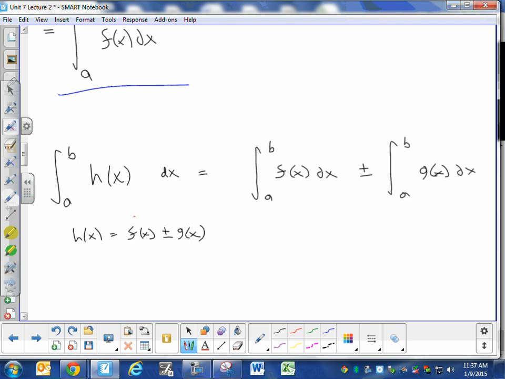And of course, you can just replace h with f of x plus or minus g of x. If I have sums of a bunch of different functions, I can just split it up into integrals of individuals.